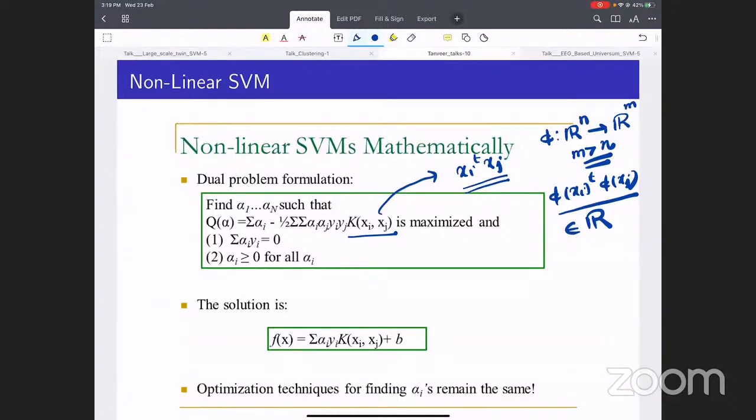But when we are talking about the nonlinear case and we solve the dual, again we see that in place of xi transpose xj, we are getting phi xi transpose phi xj. So this is again a number.